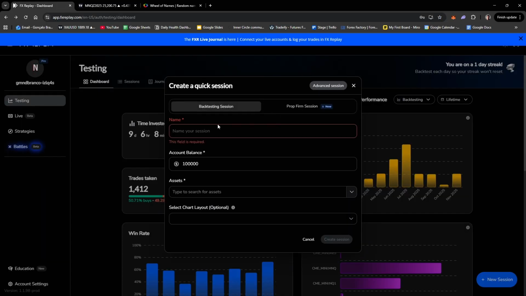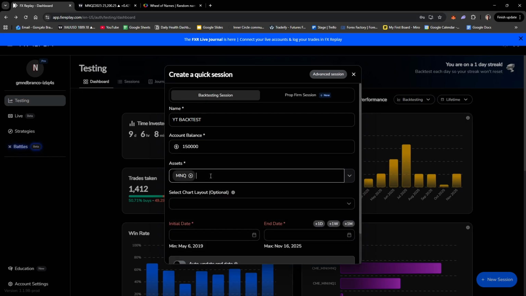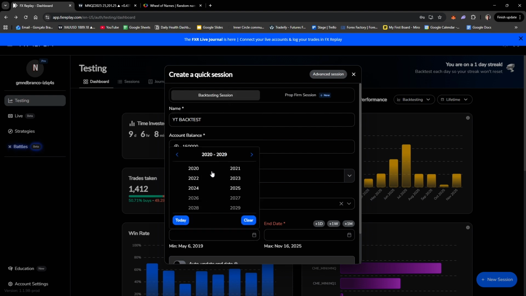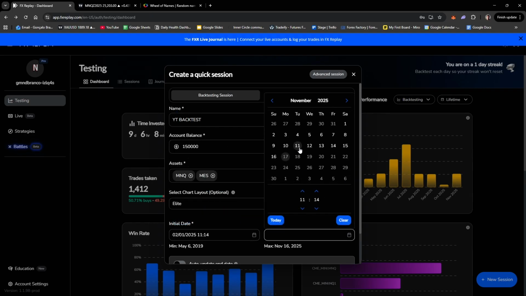So YouTube backtests, account balance 150,000, MNQ and MES. Chart layout, this is just your colors. So 2025, February. We'll start from the beginning until here.